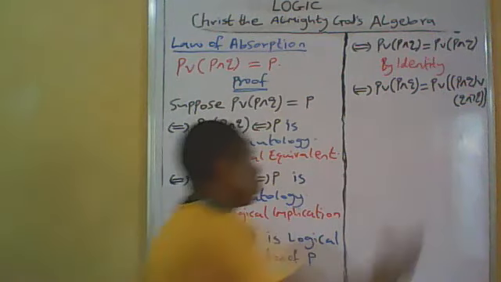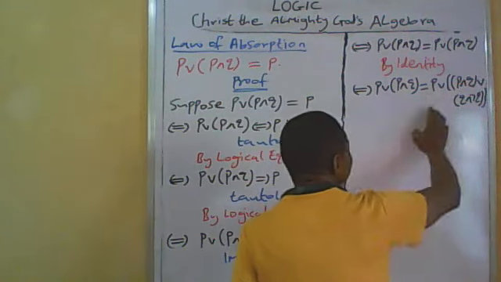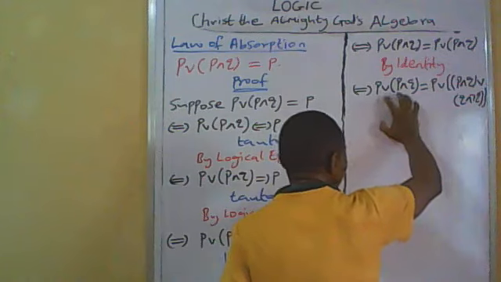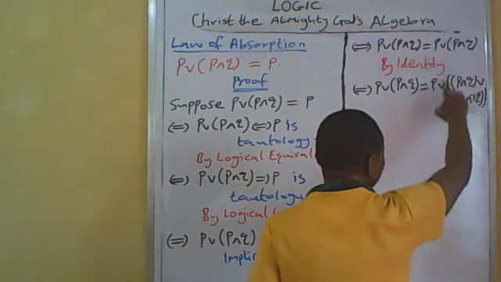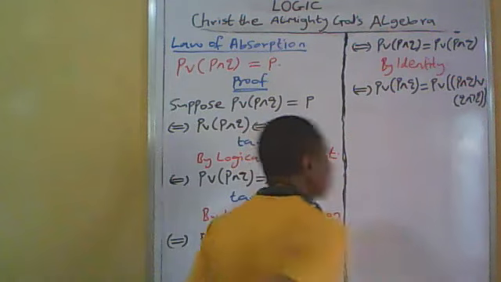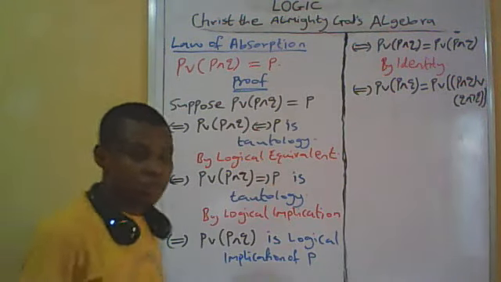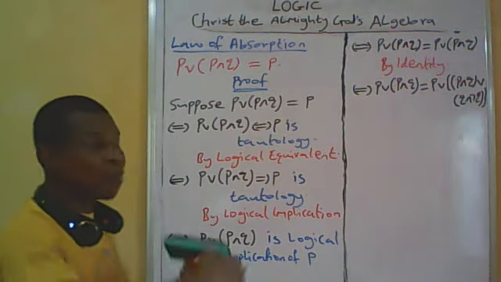So it's the same as P or Q. You see that the left-hand side of the equation is equal to the right-hand side, because it's still P or (P and Q). So being justified by the law of identity.